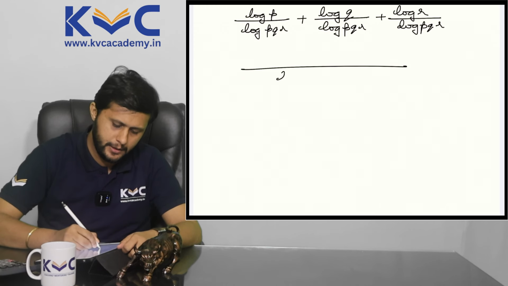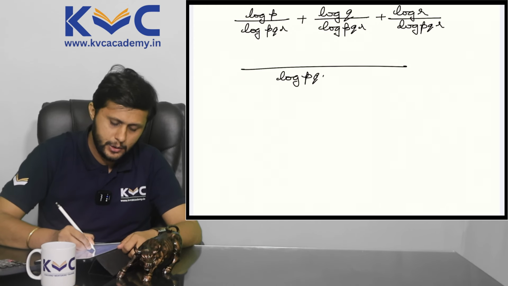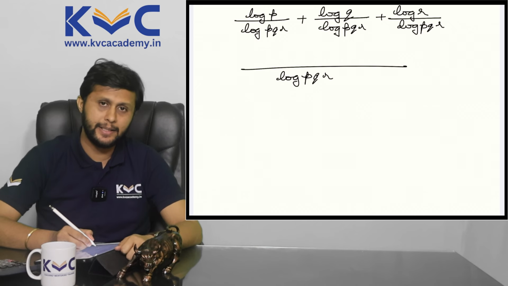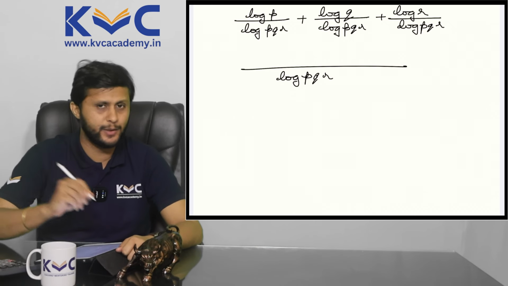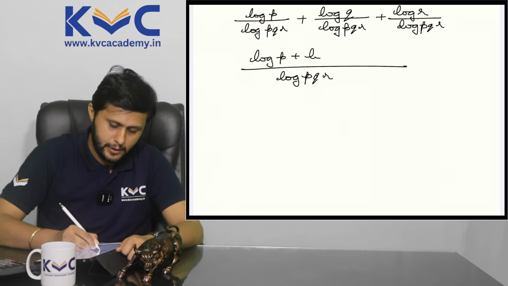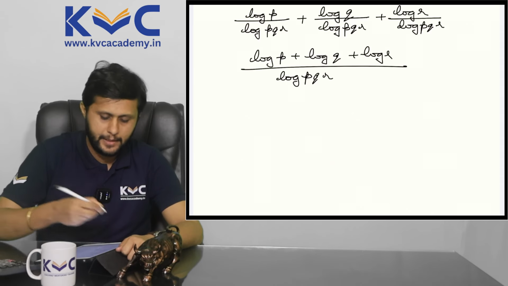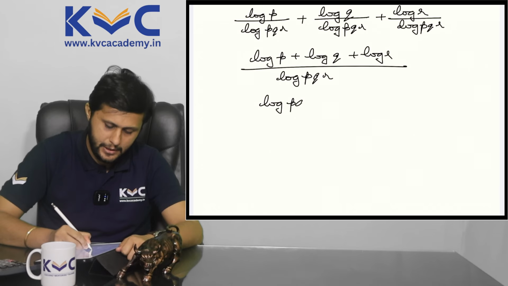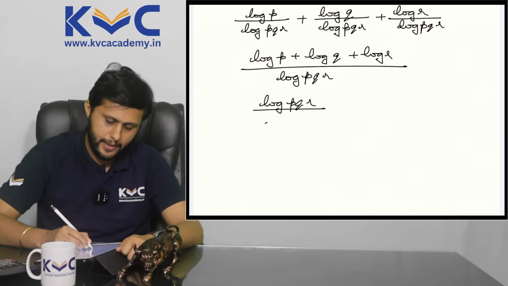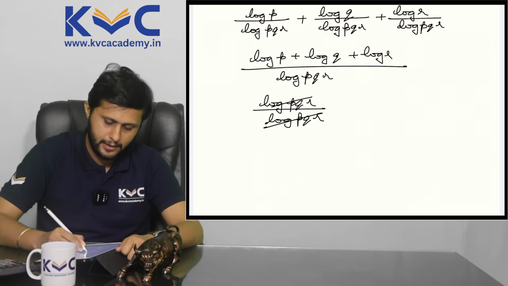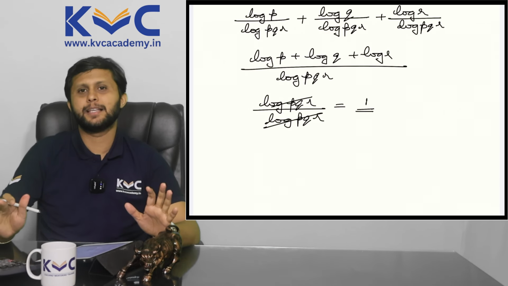So common denominator, we have log PQR. What did I do in the previous step? It was just the reciprocal. The denominator of the denominator came to the numerator of the numerator. What remains over here? Log P plus log Q plus log R. Now if I have to add log M plus log N, it becomes log PQR. Denominator is also log PQR. Cancels, equal to 1. 1 is the answer.